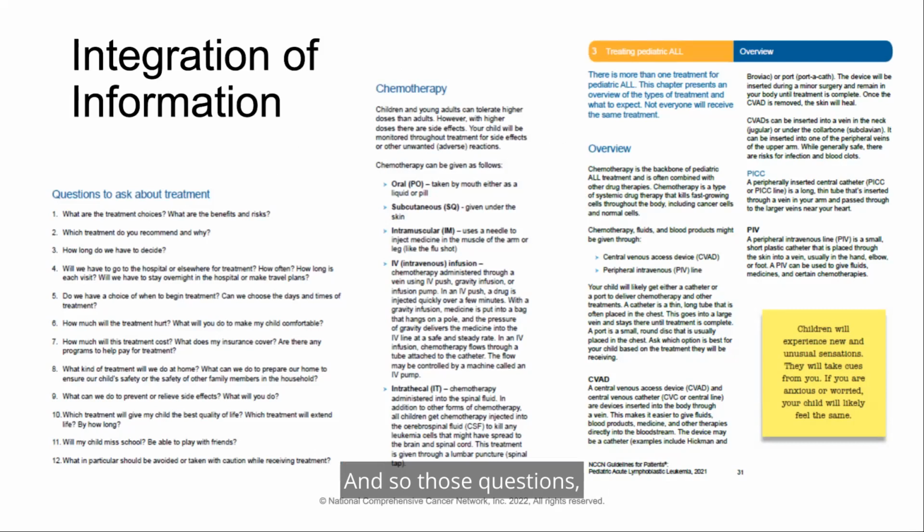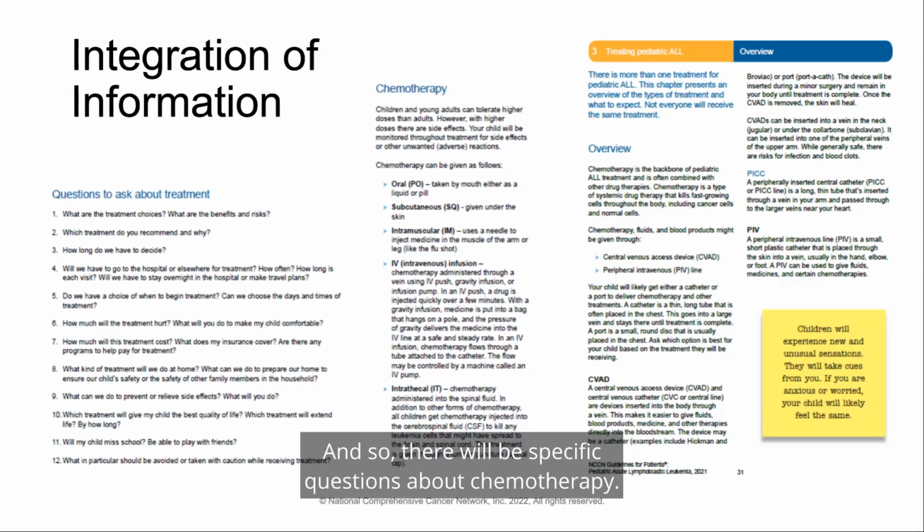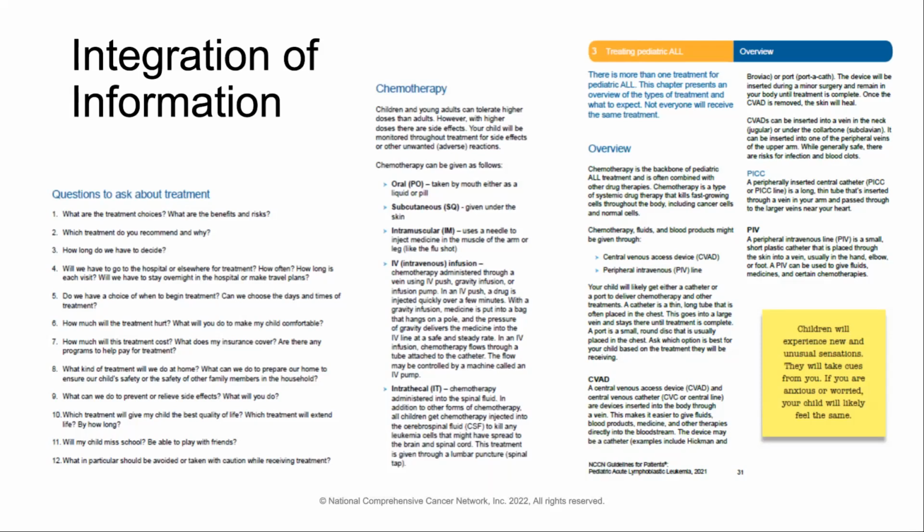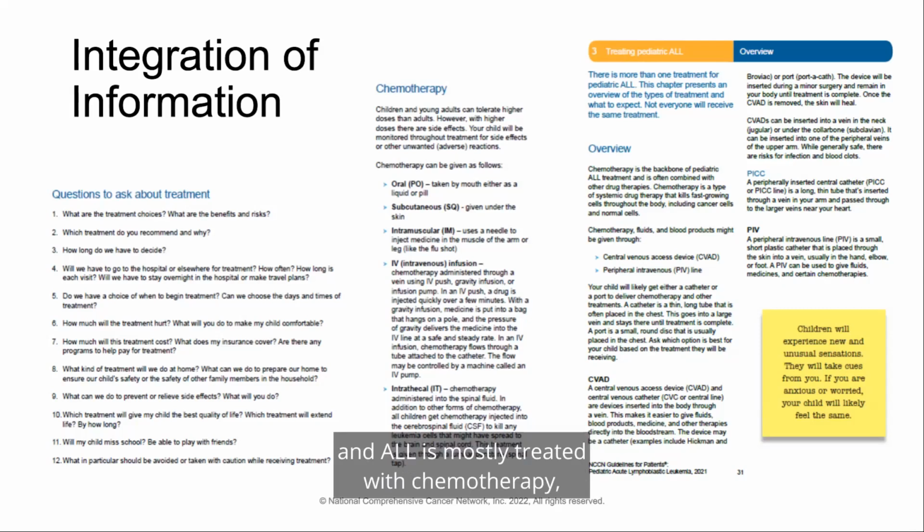Some of those questions are general and carried over from book to book, but they're also specific to the disease type. So there will be specific questions about chemotherapy. In this instance, this is from pediatric ALL, and ALL is mostly treated with chemotherapy, so that's what we're calling it here.